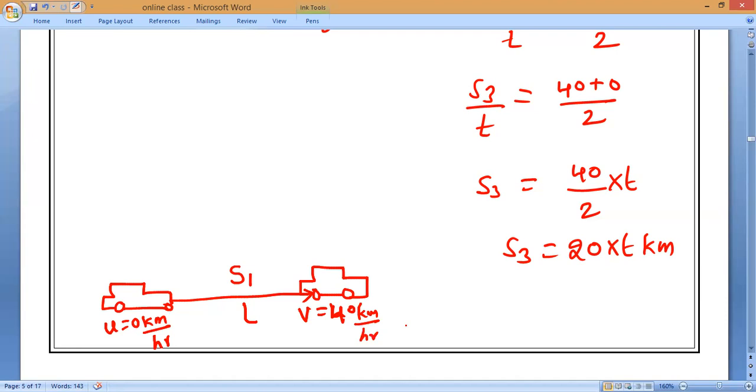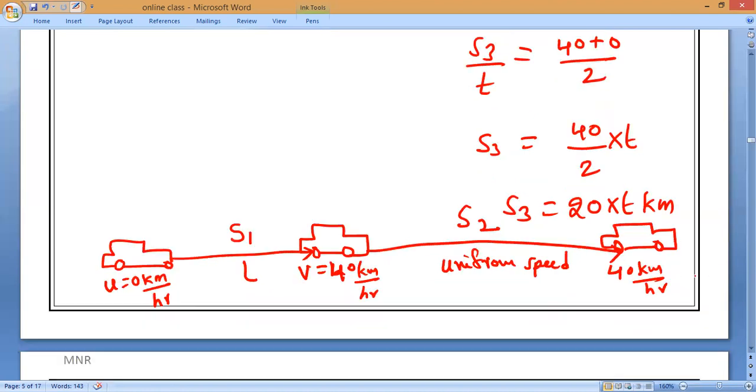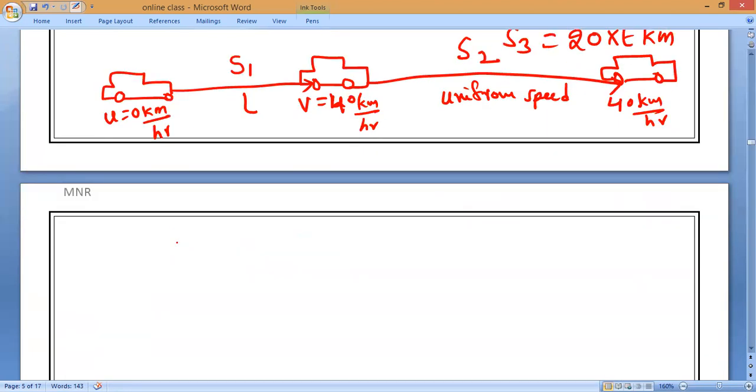Now, after this, it traveled S2 distance with uniform speed. Till here, there is no change in speed, it is 40 kilometer per hour only. Now, from this point, the velocity is decreasing.